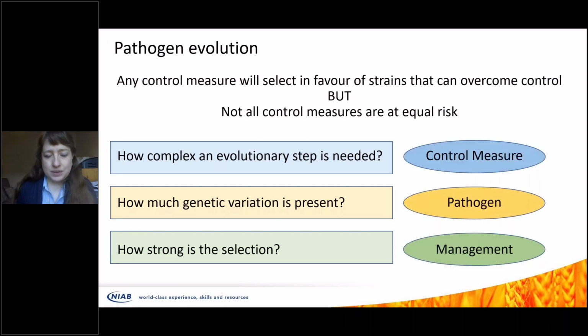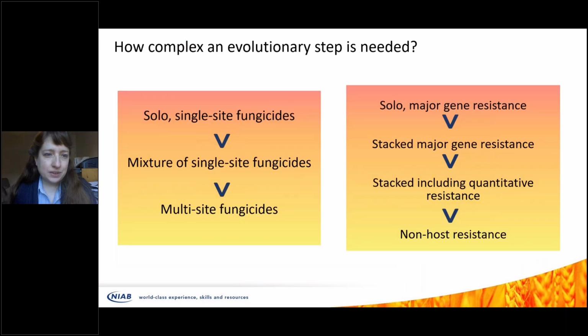The complexity of the evolutionary step tends to depend mostly on the particular control measure. The genetic variation depends mostly on the pathogen, and the strength of the selection is what can be altered by the management. To explain what I mean by how complex an evolutionary step is, in the case of fungicides, if you've just got one fungicide with a single target site, then often it's a very simple step from sensitive to resistant.